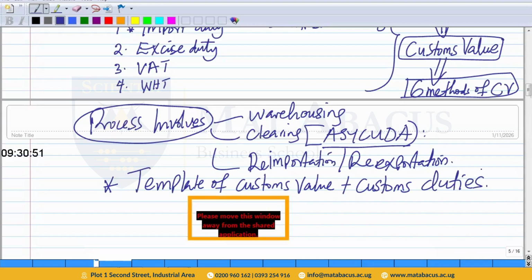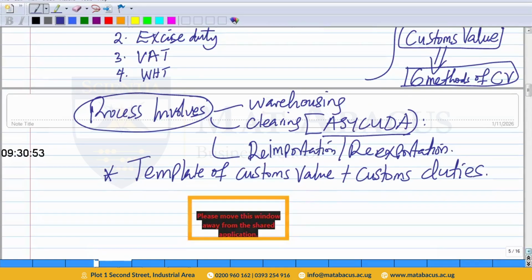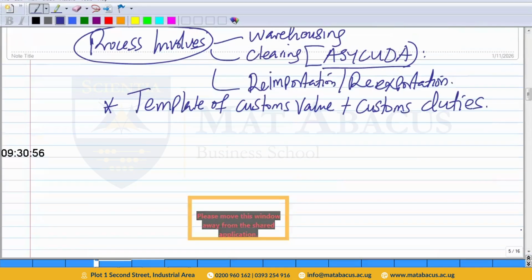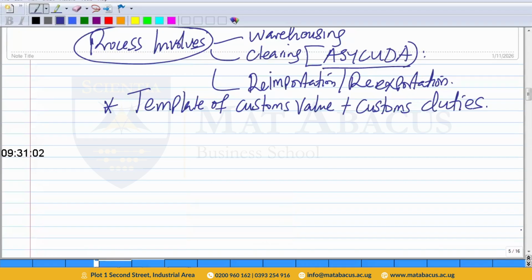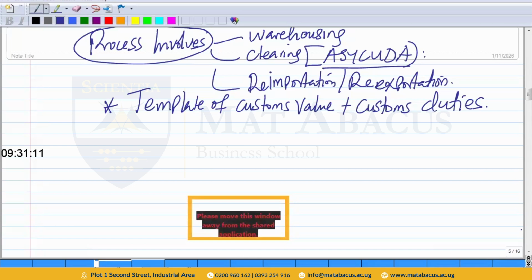So how do you compute the customs value? How about the duties? I will give you the template so that you're able to pick it and make sure that you pass it in an exam. So all this we shall look at.